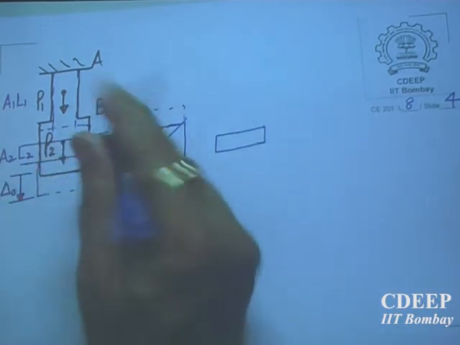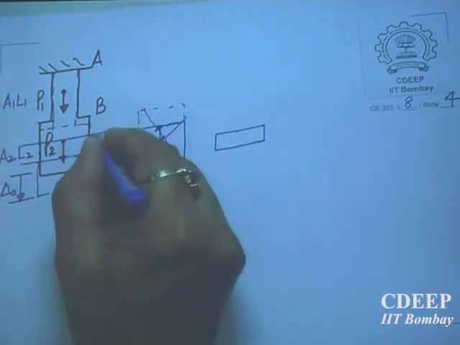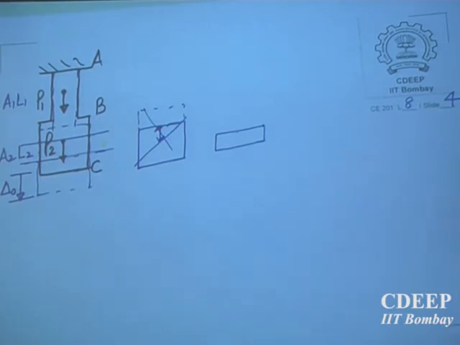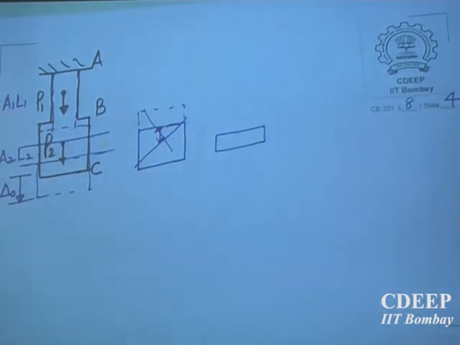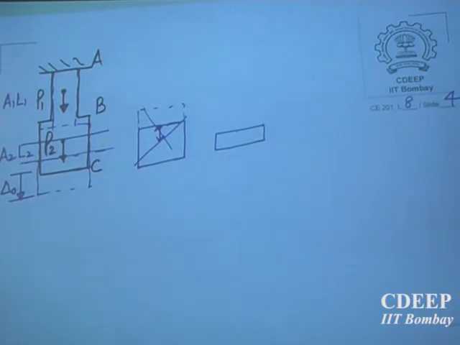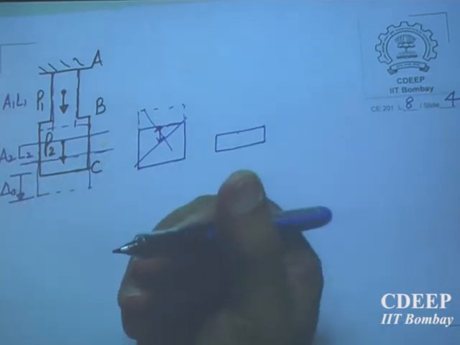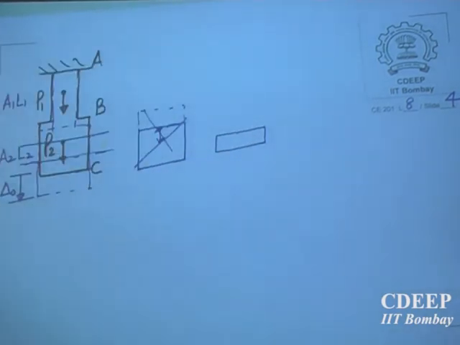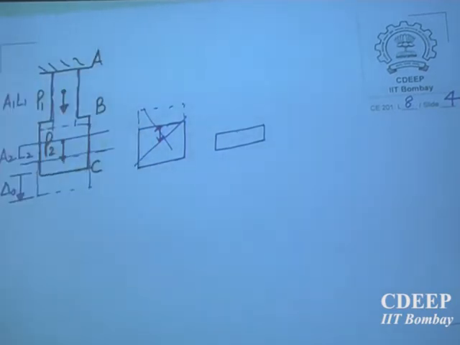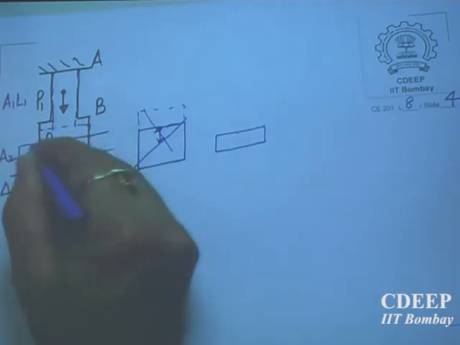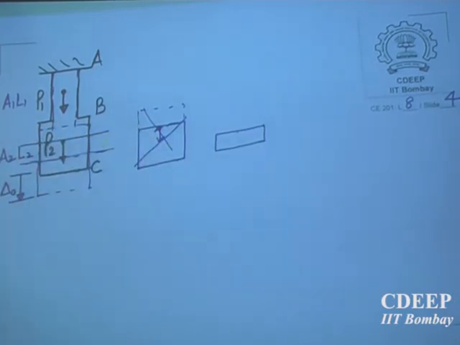If I take this bottom portion from the center of BC to C, is there any force acting in the body? Free body diagram: if you cut it, there is no force below. We are using a weightless rod; we are not taking the self weight or the density of the material. So P is applied only at the center, so up to the center there is no force.